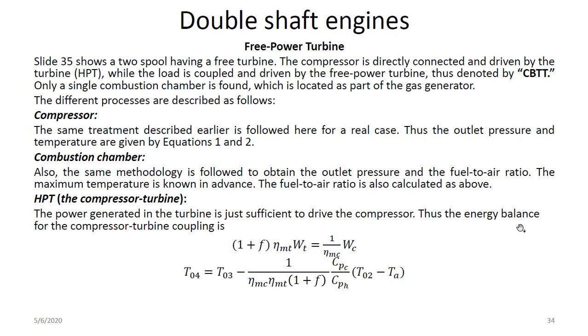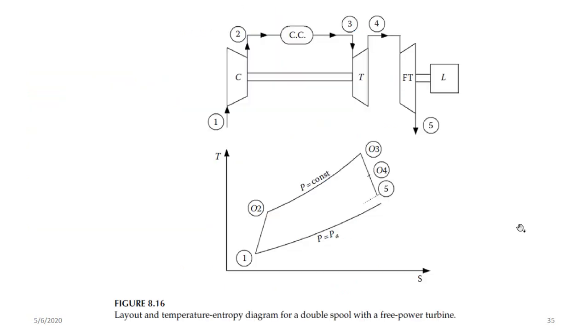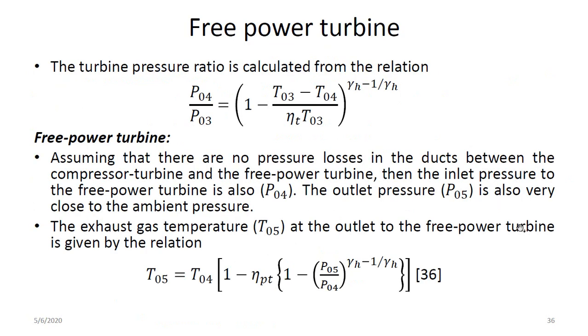Remember, T03 will be the turbine inlet temperature of the first turbine, right? And for the free power turbine, you can get the ratio of T04 over T03, which is given by this relation. And if you assume that there are no pressure losses in the duct between the compressor turbine and the free power turbine, then the inlet pressure of the free power turbine is also T04. Okay?